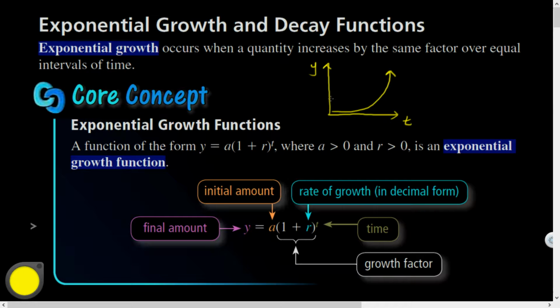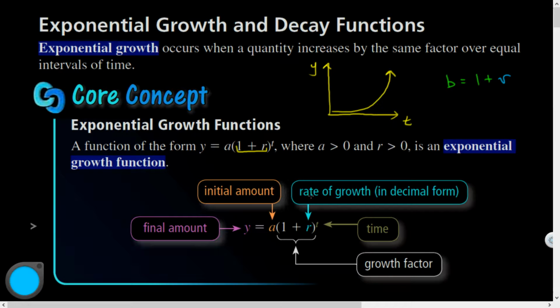We've already seen some of these, but the only difference is our base is now broken up into this 1 plus r situation. I'll even write the r in blue. So the base is the 1 plus r now. And it is an exponential growth function.